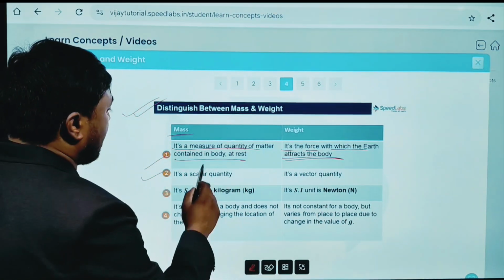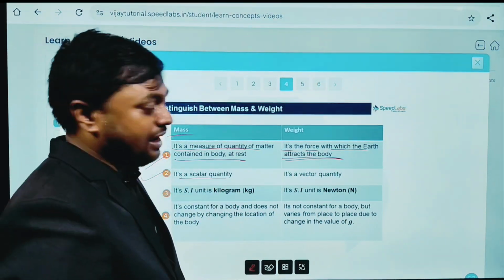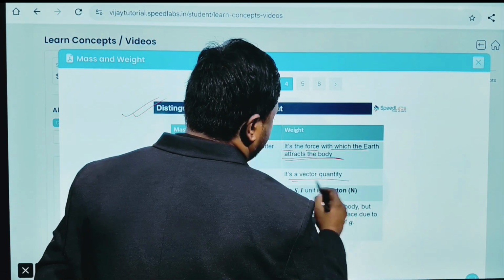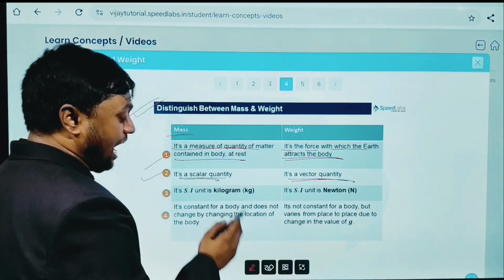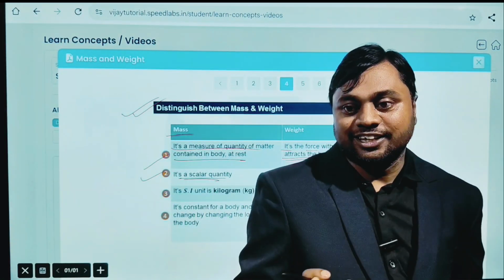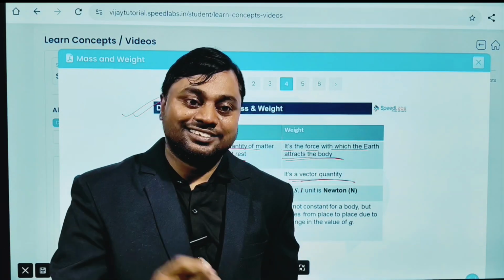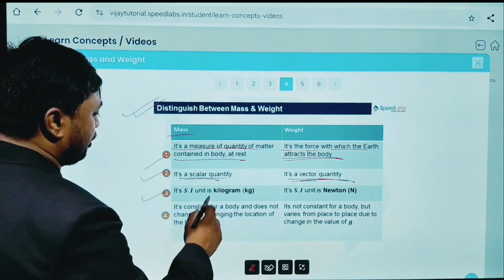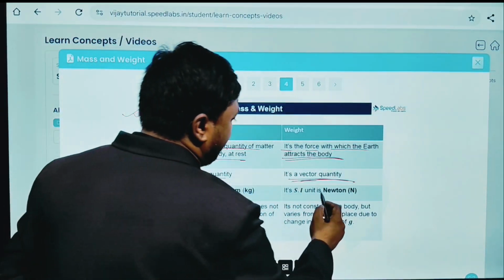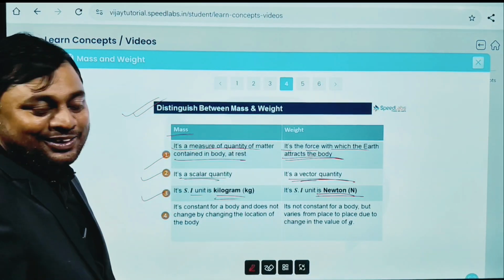Mass is a scalar quantity, which means it has only magnitude and no direction, whereas weight is a vector quantity, which means it has magnitude as well as direction. SI unit of mass is kilogram, whereas SI unit of weight is Newton.